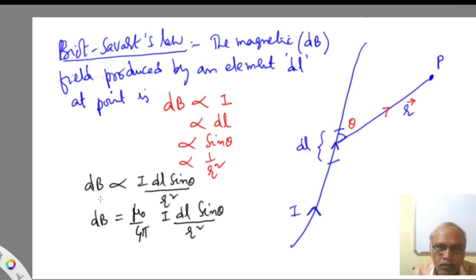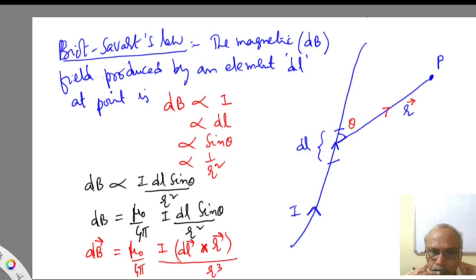dB is a vector quantity. Magnetic field is a vector quantity here. So how do we find the direction? We have to write this in vector form. dB bar is equal to mu naught by 4 pi, I dl bar cross r bar by r cube.